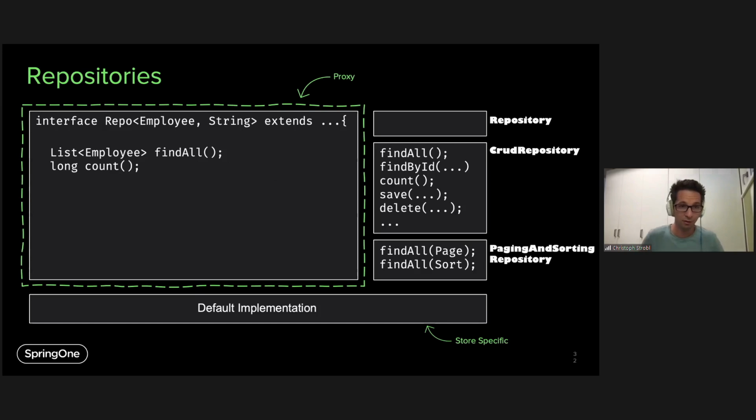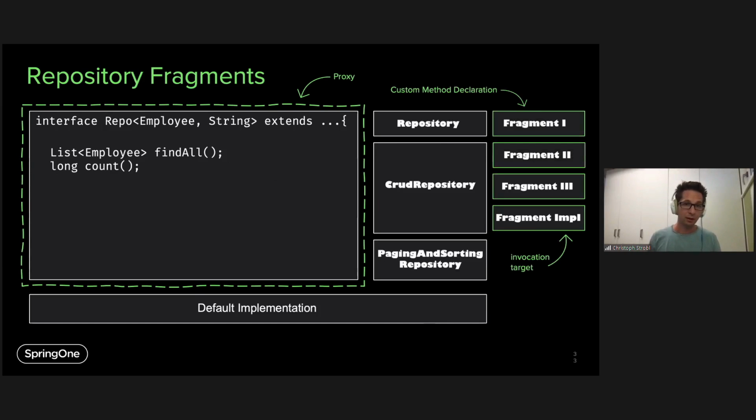So you remember the slide from before, this is what repositories look like. And you can then add interfaces, and we call those interfaces fragments, that declare the method signature next to the repository and provide an implementation and extend the fragment within the repository interface.